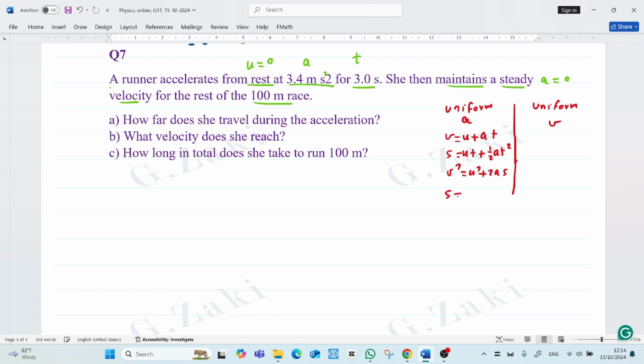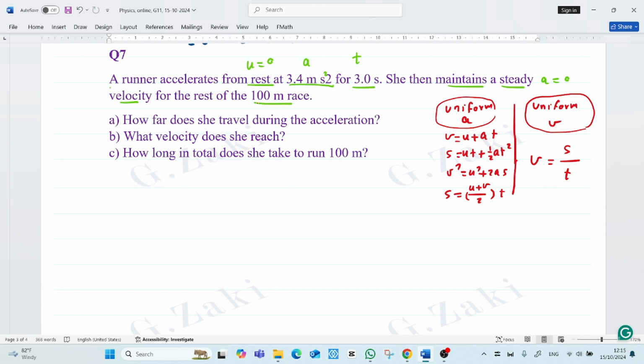Finally, S equals (U plus V) over 2 multiplied by T. But if we say steady speed or constant speed, we use just one formula, V equals S over T. We can't use any of the first 4 formulae.